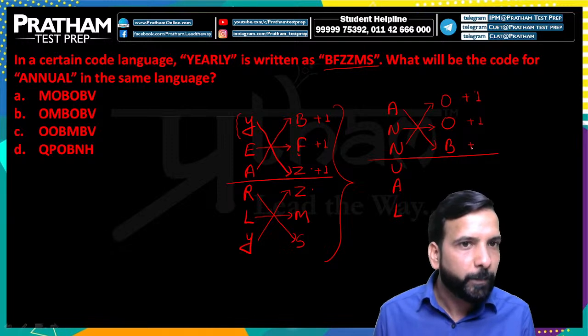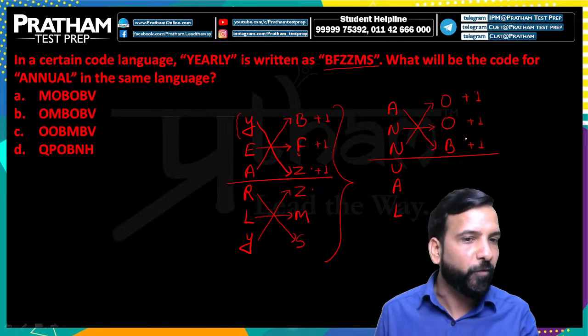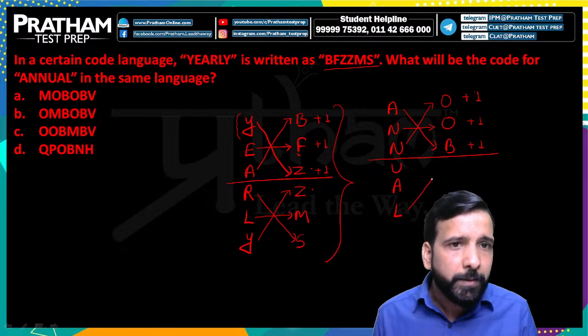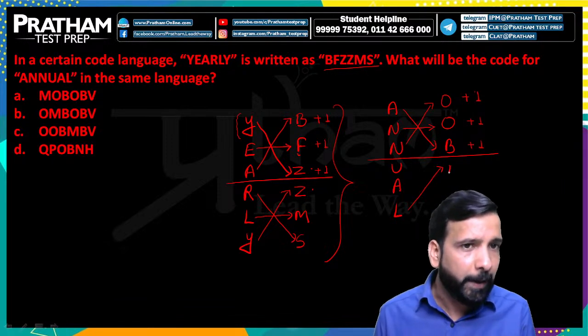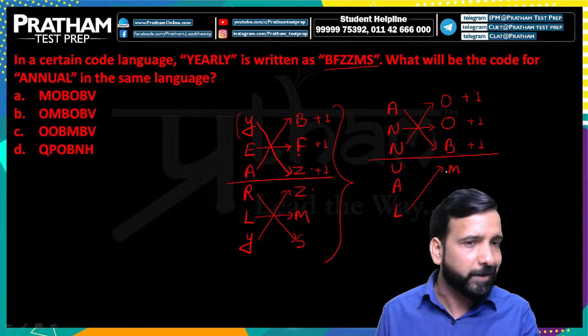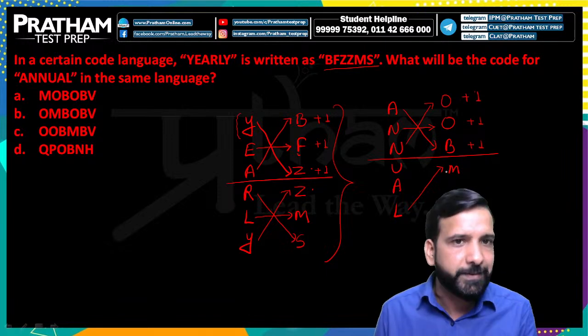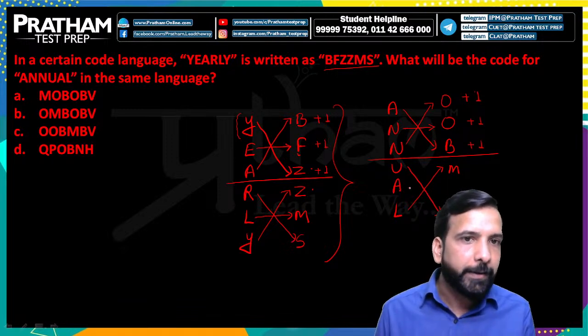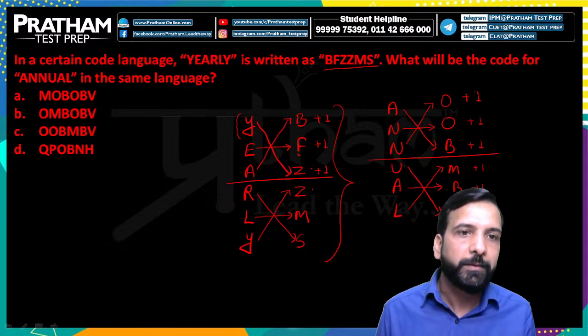We are doing plus 1, or we can say 1 step forward, right? Now L plus 1 here, that is M. 1 step forward. L के बाद क्या आता है in English alphabet series? That is M. Now U plus 1, that is V, and A plus 1 is B. So this is my answer, right?